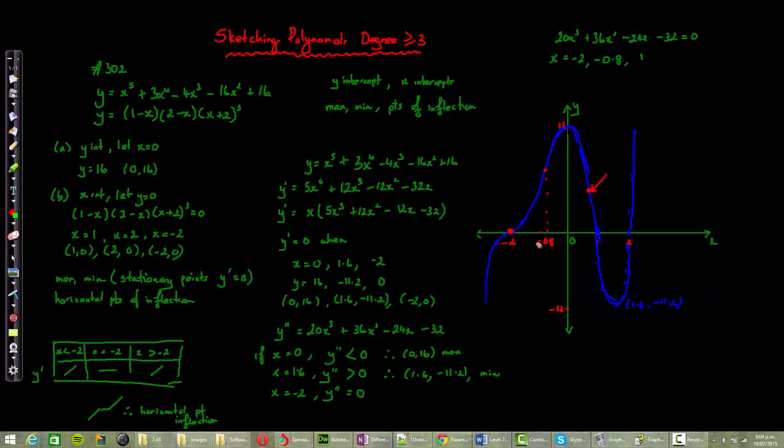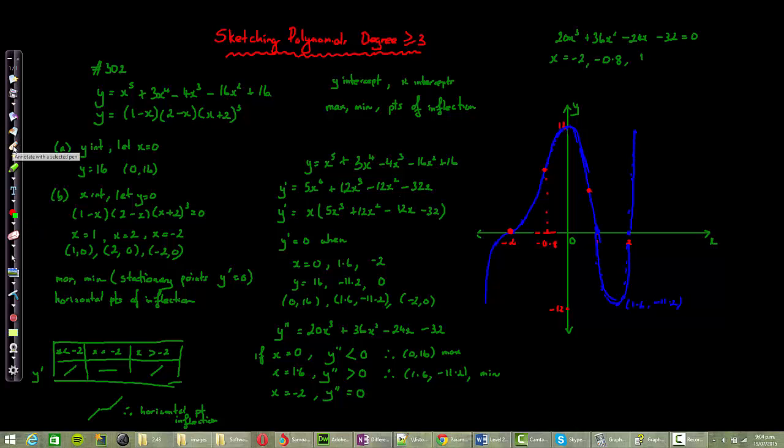Just tidy that up a bit. Yes, this is basically concave up and then changing to concave down here. So yeah, this is another non-horizontal point of inflection, and this point here is, no, that's inaccurate.